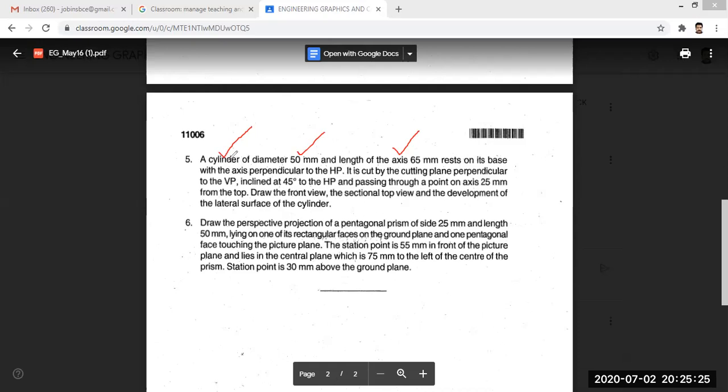And here you can see this object is cut with the help of a cutting plane such that it is inclined at 45 degree to HP and passing through a point on the axis 25 mm from the top. I will show you the rough figure. This is the initial cylinder, of diameter 50 and height 65.